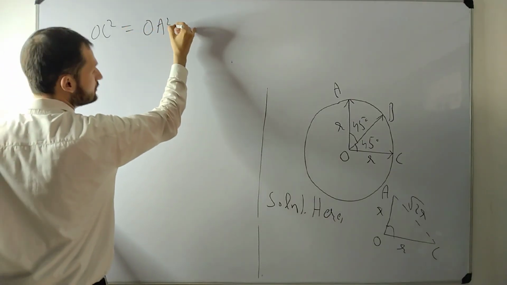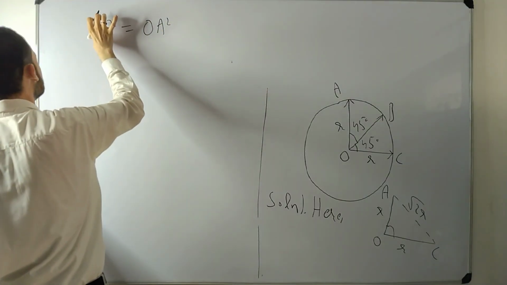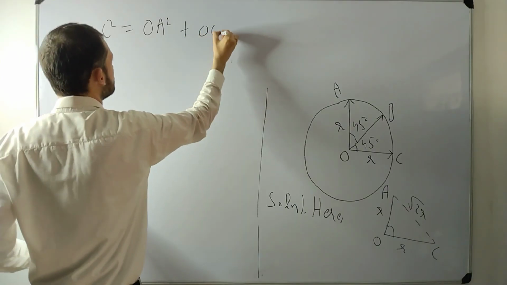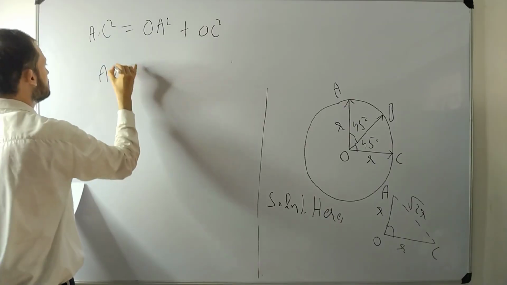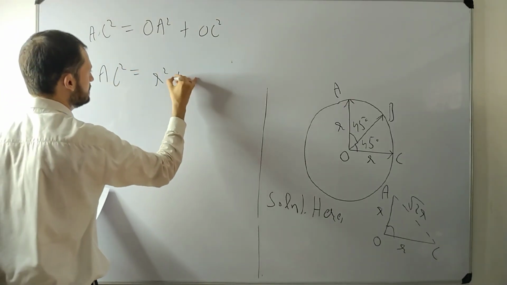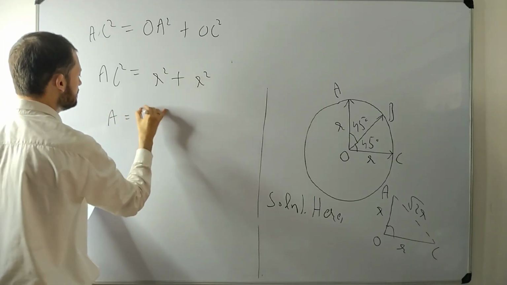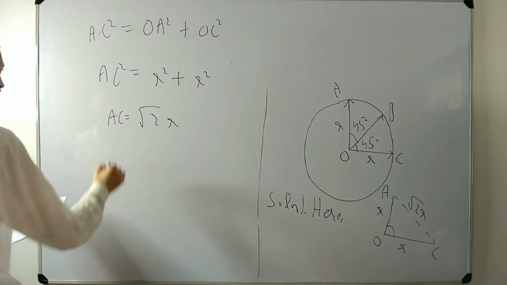Then this becomes AC square equals R square plus R square, and AC is under root 2 R. Right, students? That is the AC vector.